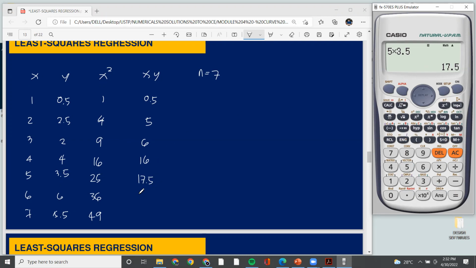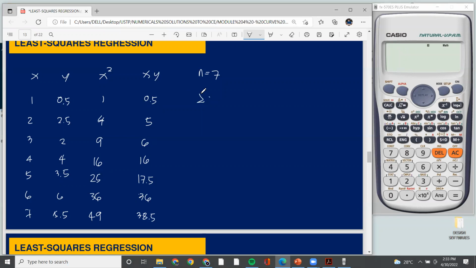So 6 times 6 is 36, and 7 times 5.5, that is 38.5. Sakto ba? Okay, 38.5.